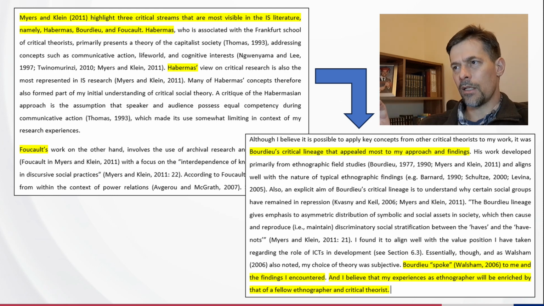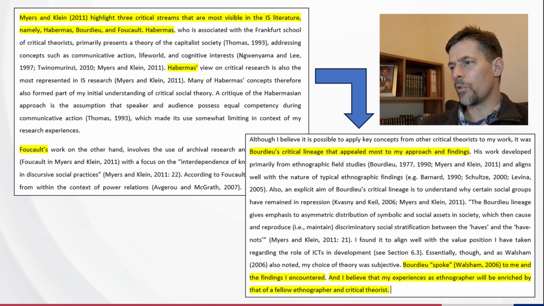I studied all 3 of them: Habermas, Foucault, and then Bourdieu. You can see in this example how I studied all 3 of them. And finally, in the last one, Bourdieu, I decided that, looking at my phenomena of interest, Bourdieu's critical lineage appealed most to my approach and study.